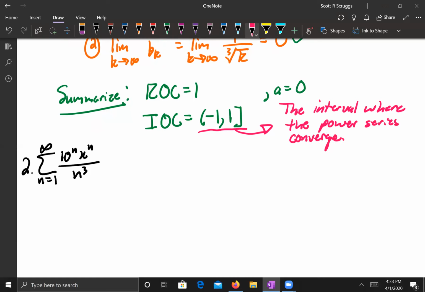So that's why we care about the interval. It doesn't tell me for every interval. It tells me where the power series converges. Is that kind of clear, your question, Anthony? All right, you're welcome. And this is definitely time to ask these questions because this is where the rubber meets the road.